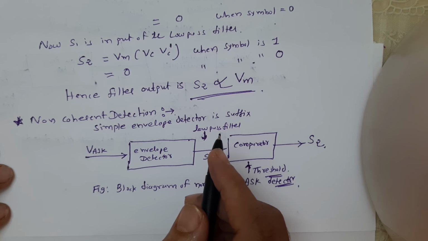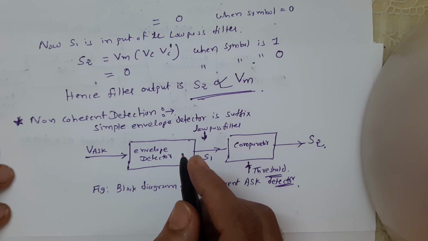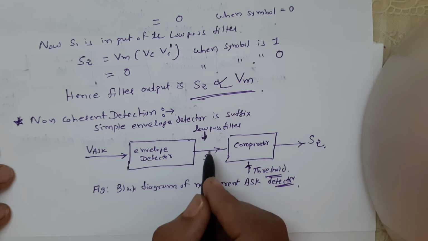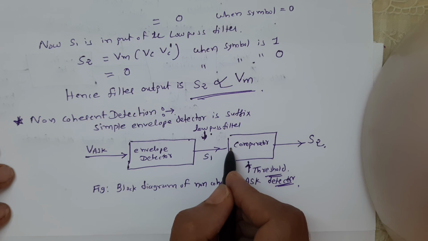The output of the low pass filter may be further refined by passing it through a comparator.